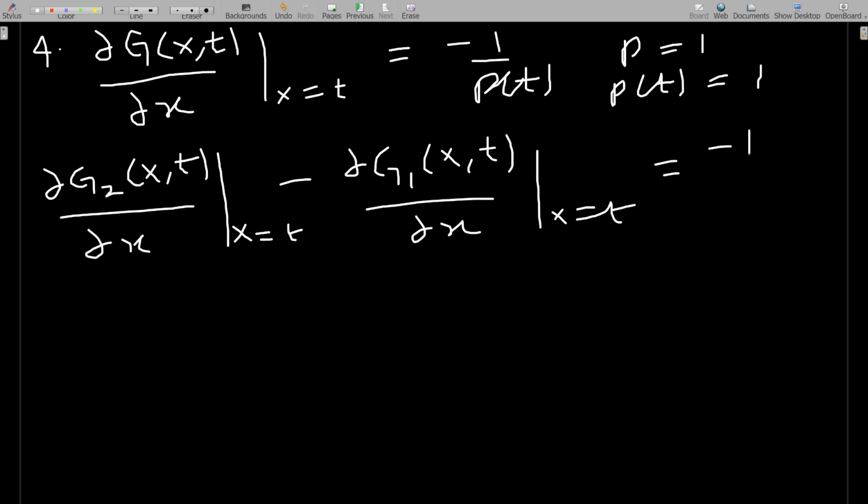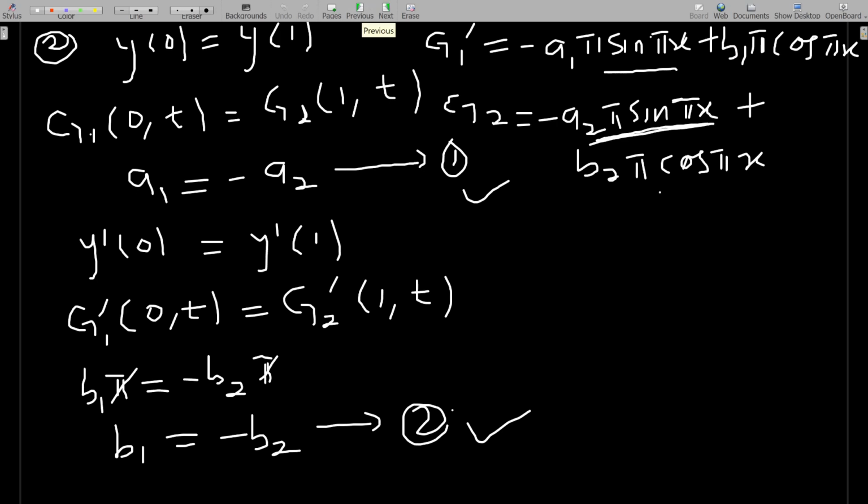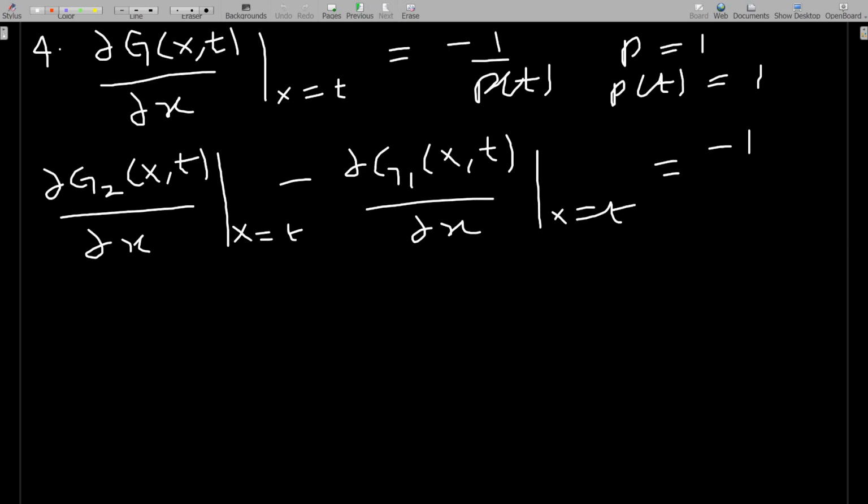Now del g2 of x, t, what did we get for that? Del g2 of x, t is simply differentiating g2, that is g2 prime, and this is what we had for g2 prime: minus a2 pi sine pi x plus b2 pi cos pi x, okay. So you go ahead and write it there like that.